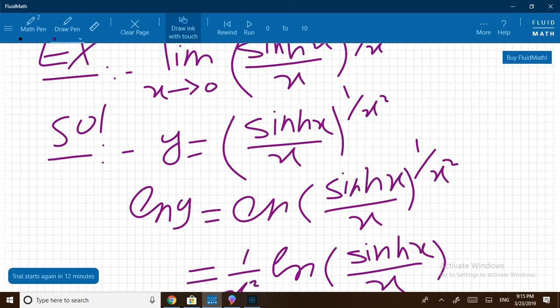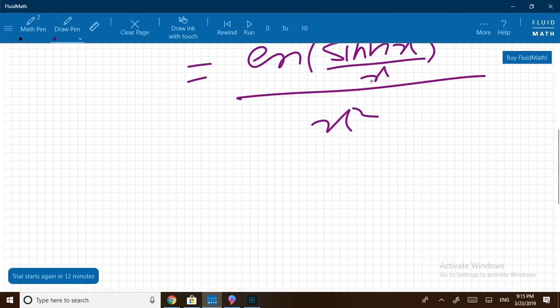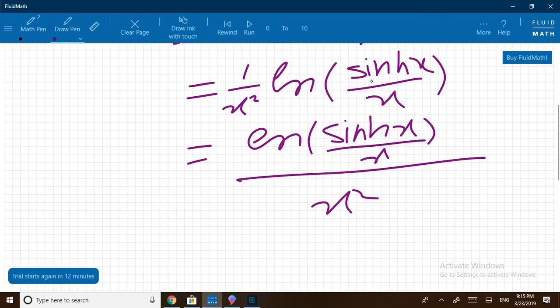Okay, now what will we do? Suppose we apply the limit, then what will be the form?